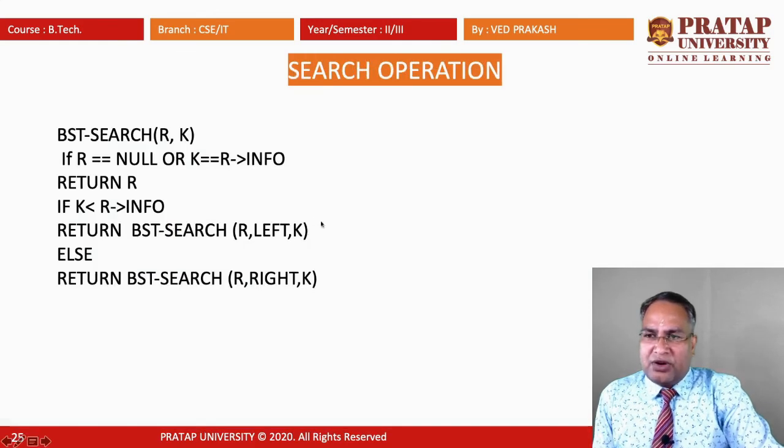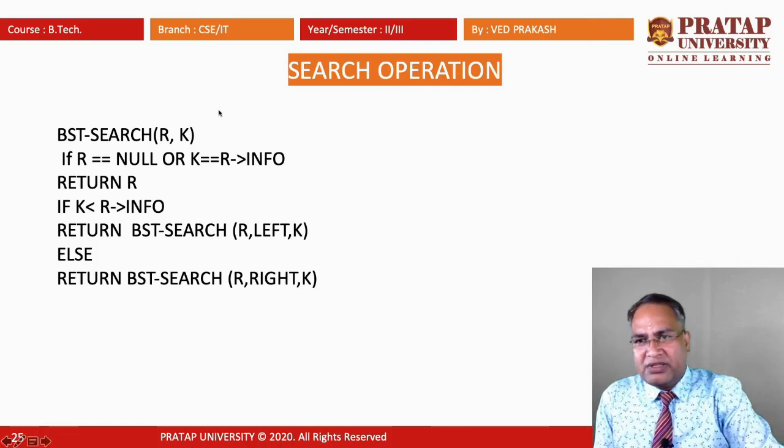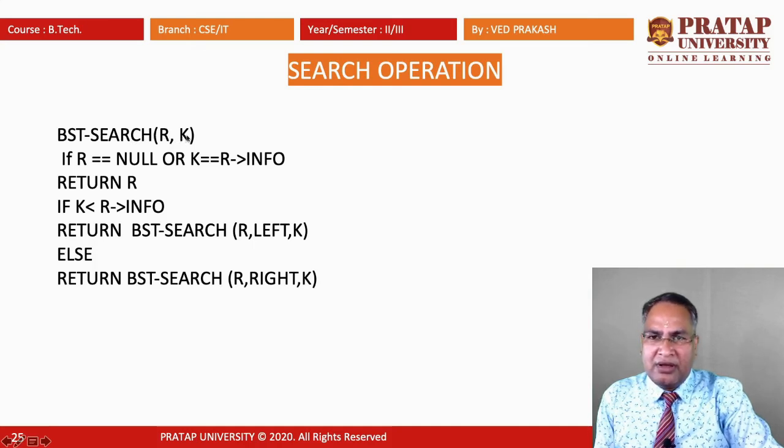Now, the next operation that is generally performed in a binary search tree is search. Searching is the process of finding a required element in an existing binary search tree. To perform this we use an algorithm. Here R denotes the root and key denotes the required element which we want to find.